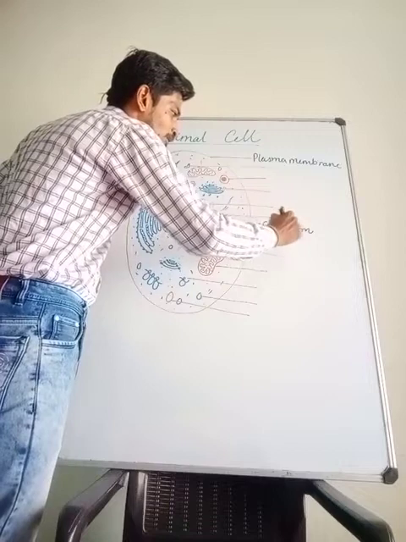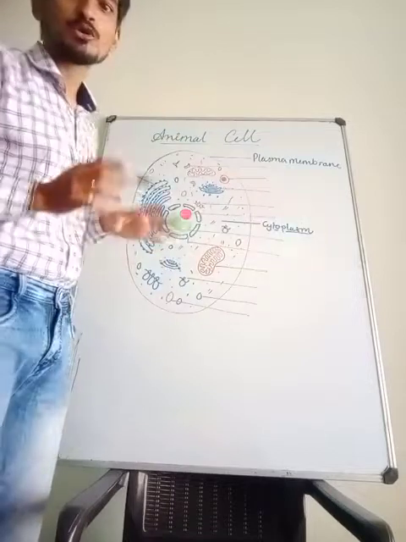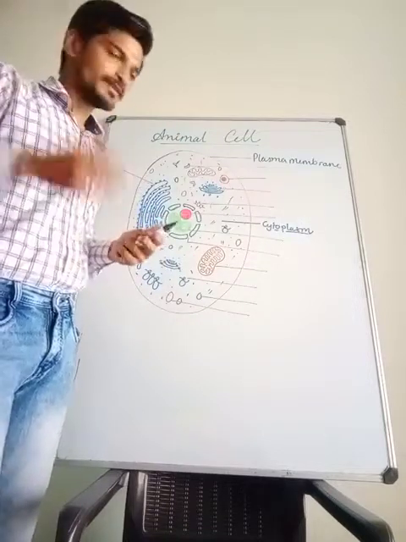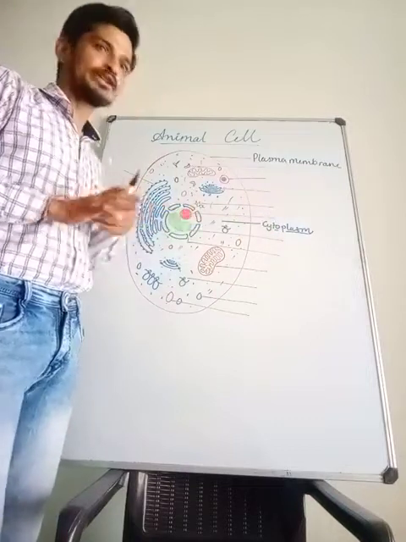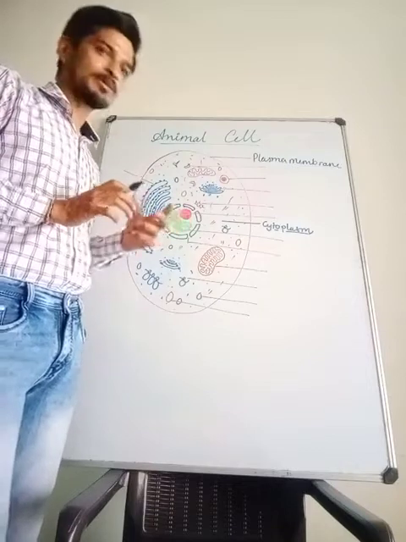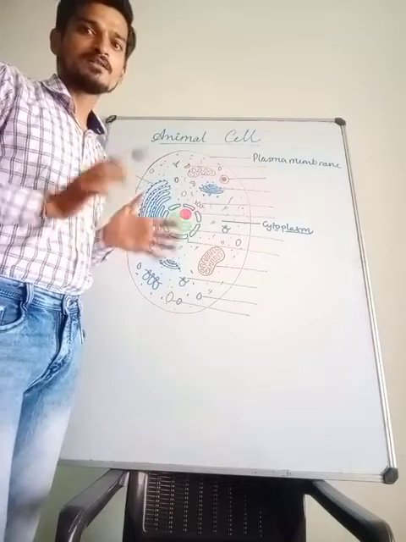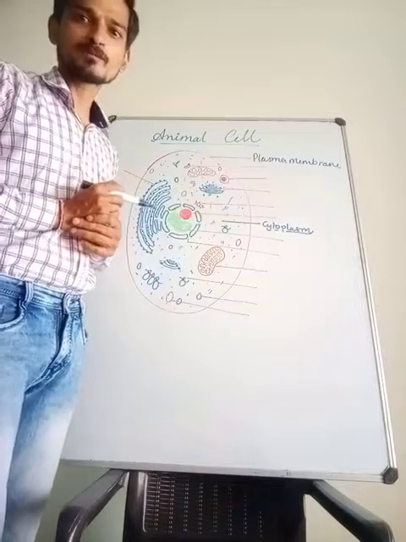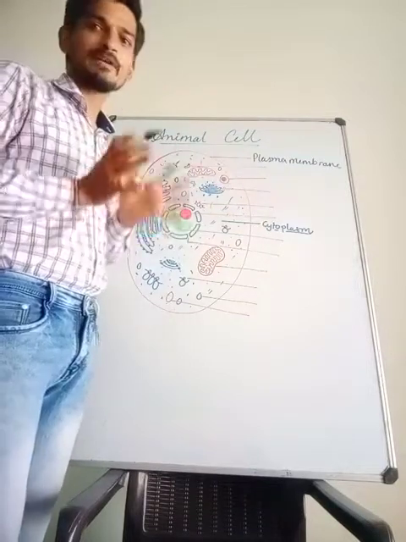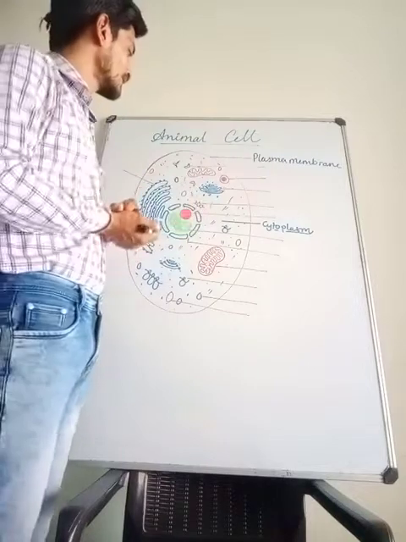It can more conveniently be called the protoplasm. In further classes we will understand that the cytoplasm plus the nuclear sap, which is known as nucleoplasm, both comprise the protoplasm. So cytoplasm plus nucleoplasm will form the protoplasm. Cytoplasm is the base material of the cell.